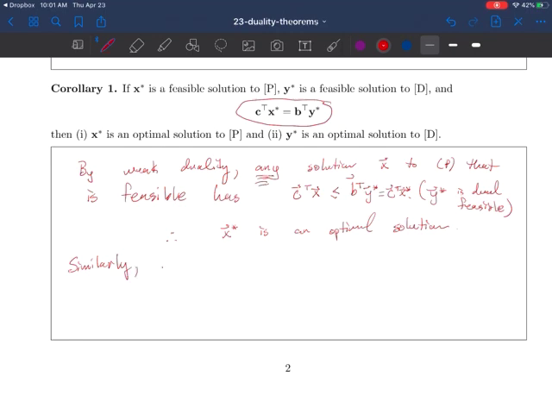And of course, the same holds true for y star.